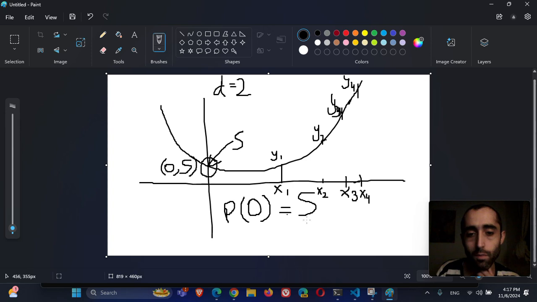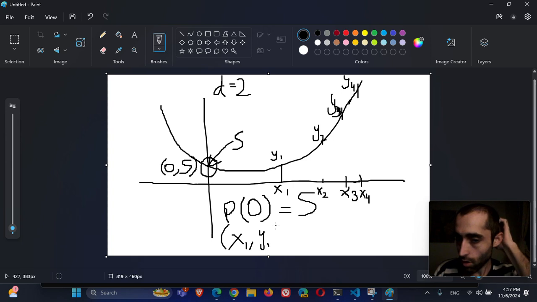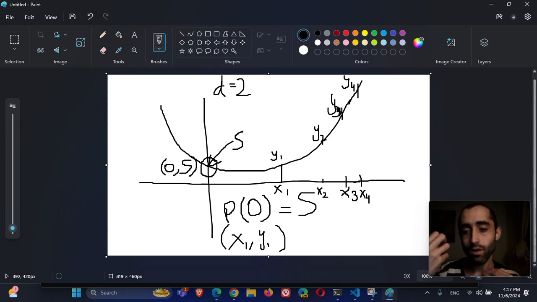So here is a share: one person will have x1, everyone knows x1, but y1 will be available only to the one who has the share. x1 everyone can know, but y1 only the one with the share will know. x2, y2 is another share, x3, y3 is another share, x4, y4 is another share.